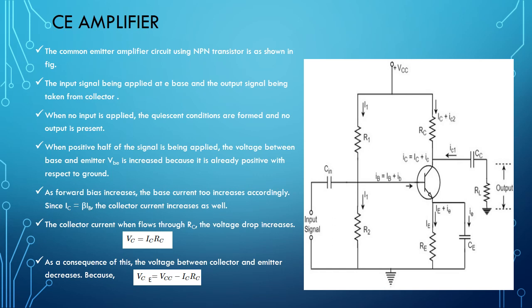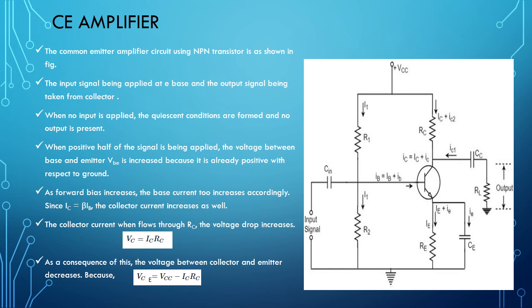Next we will see the common emitter amplifier. This is one of the single stage amplifiers. This figure shows a common emitter amplifier circuit using an NPN transistor. It consists of different components, like the practical transistor amplifier circuit you discussed in the previous slides.